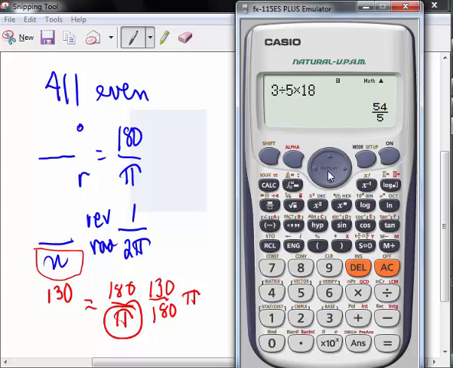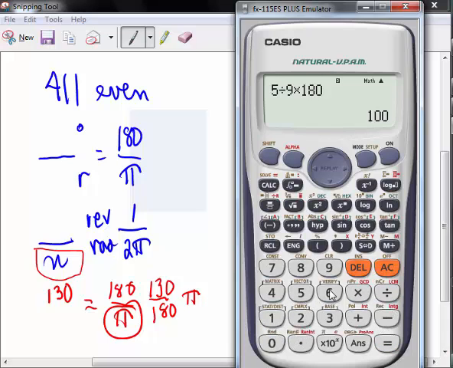So number 34, we would say 3 divided by 5 times 180 is 108 degrees. Number 36, 4 divided by 5 times 180 is 144 degrees. 38, 5 divided by 9 times 180 is 100 degrees.